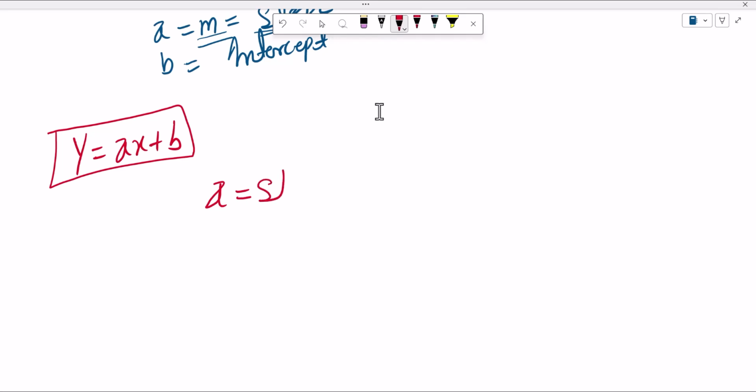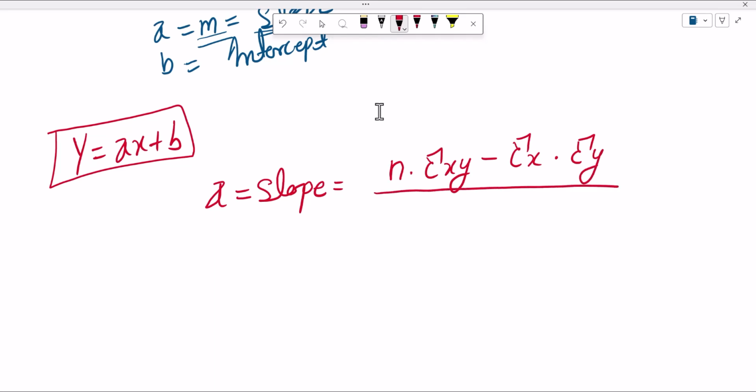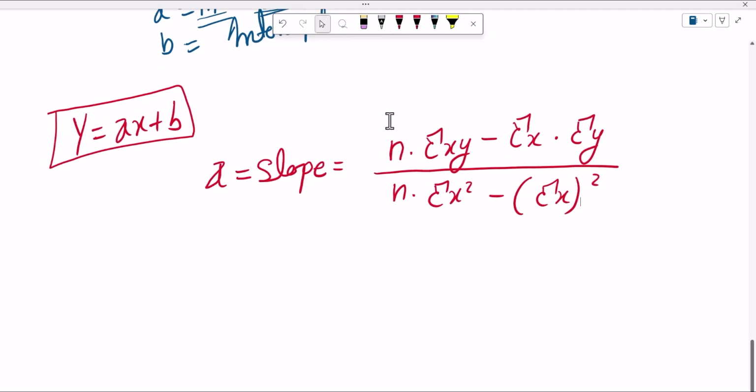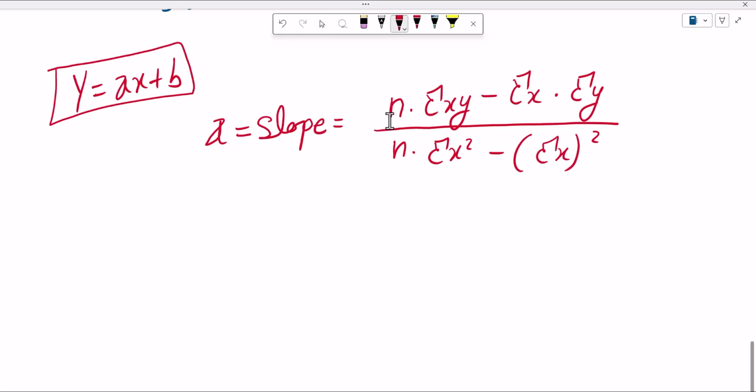The formula is n into summation xy minus summation x into summation y, divided by n into summation x square minus summation of x whole square. This is the formula for slope. And b means intercept.